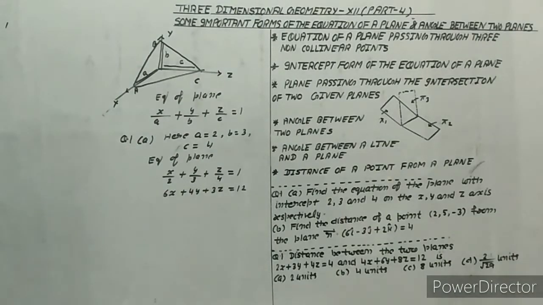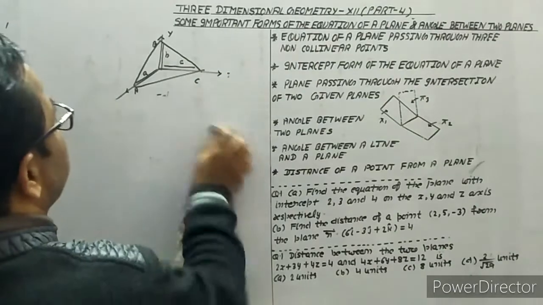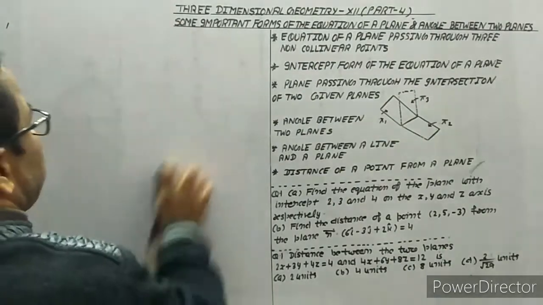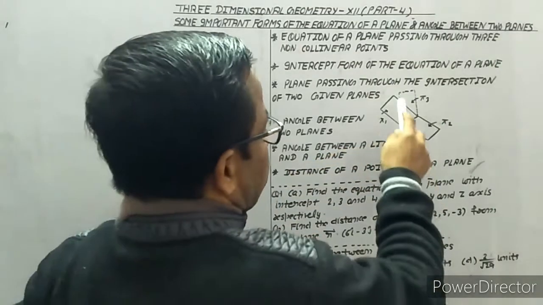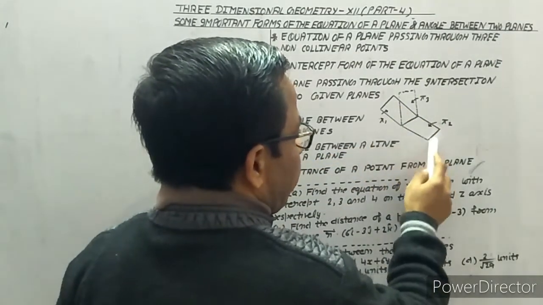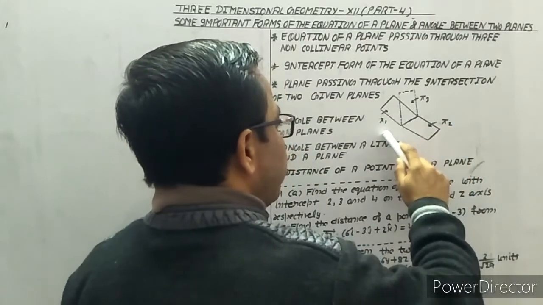Now another part, the plane passing through the intersection of two given planes. Always remember this. This is the figure. This is the plane pi 1. This is the plane pi 2. And this is the intersection line of these two planes.